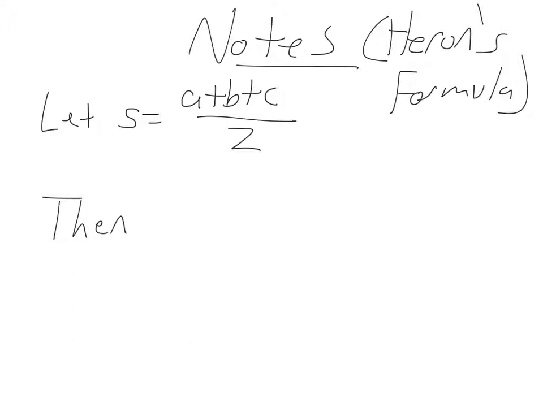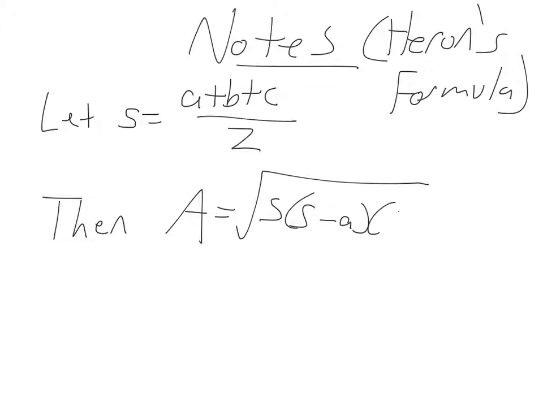Then the area equals the square root of s times s minus a times s minus b times s minus c. That's whenever you have a side side side triangle.